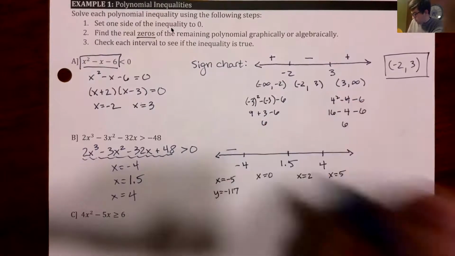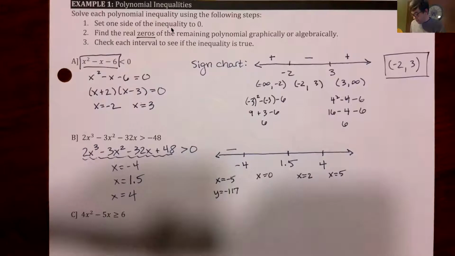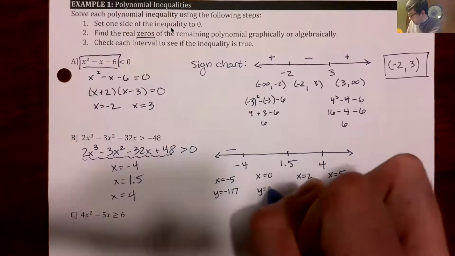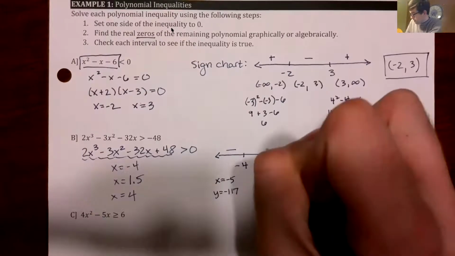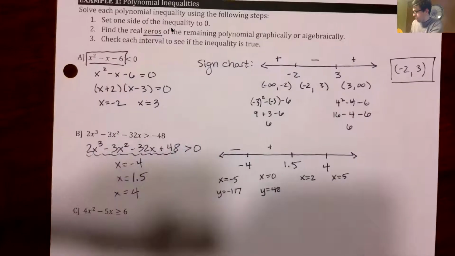That's negative. If I plug in 0, I get 48. So that's positive. So anything between -4 and 1.5 is going to be positive.